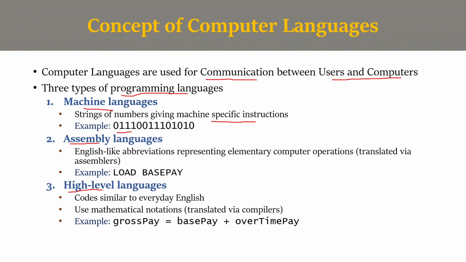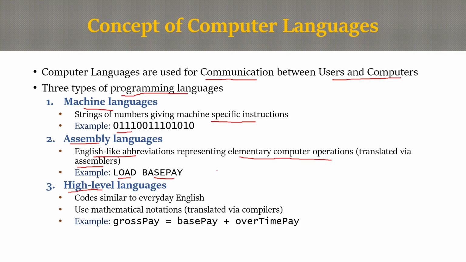Moving on to the assembly language. So these assembly languages are basically English-like abbreviations, okay? And they represent our elementary computer operations, which are translated via the assemblers. We will see later on what these assemblers are, but for now, we just need to know that in assembly language, we use English-like abbreviations. Say, for example, load base pair. This is a command in assembly language, and this represents elementary computer operations.